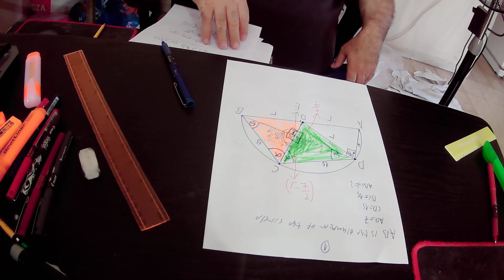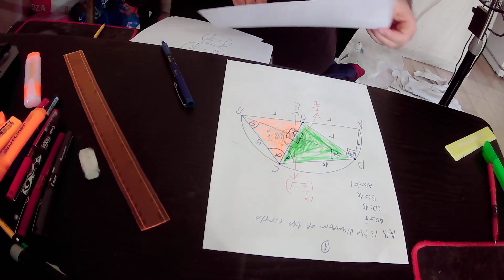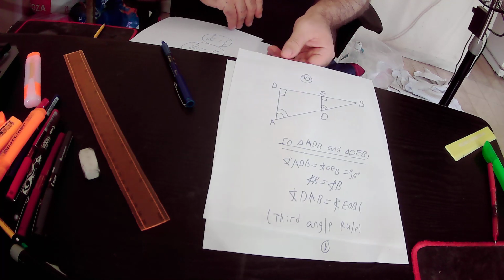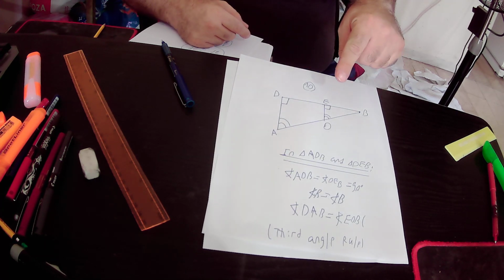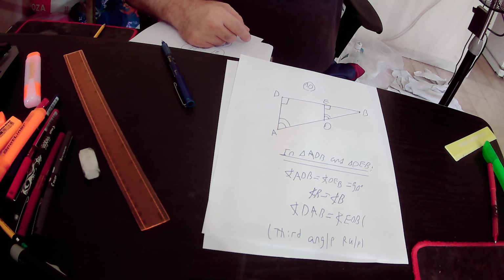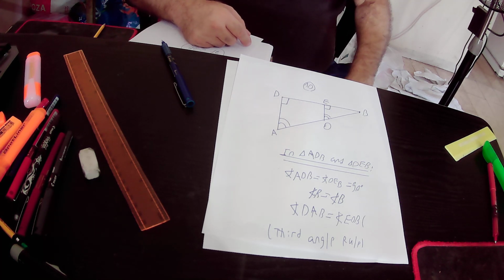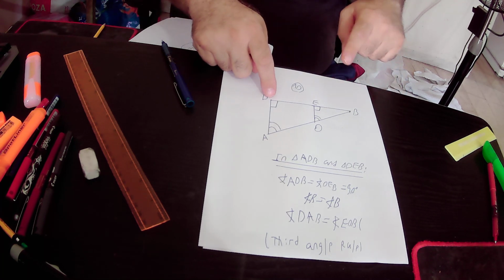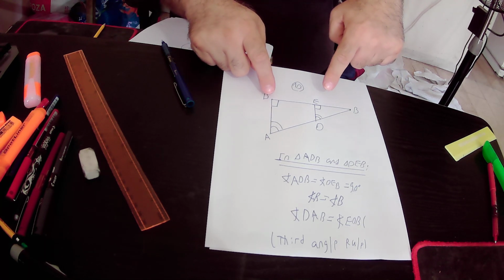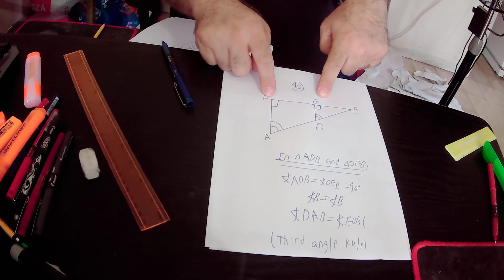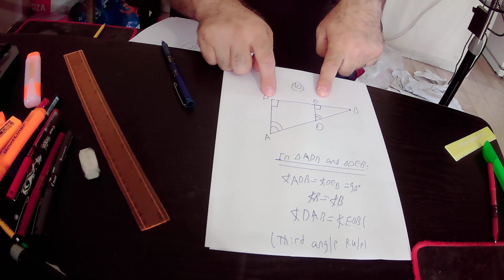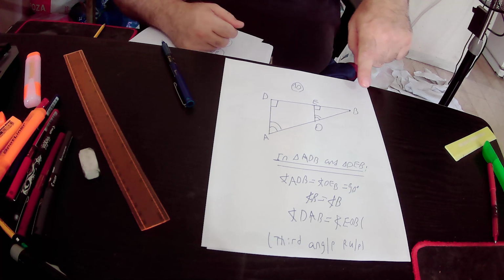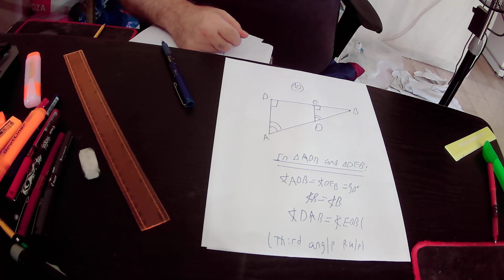Then we focused on two triangles, triangle ADB and the small triangle OEB. In those two triangles, angle ADB equals angle OEB. Those two angles are right angles, therefore they are equal to each other, and they also have a common angle, angle B, which belongs to both triangles.